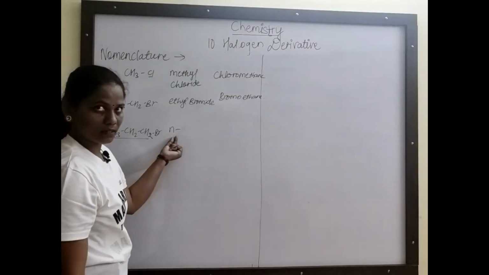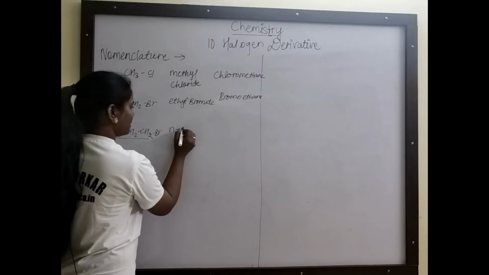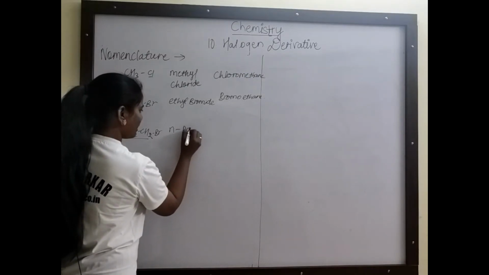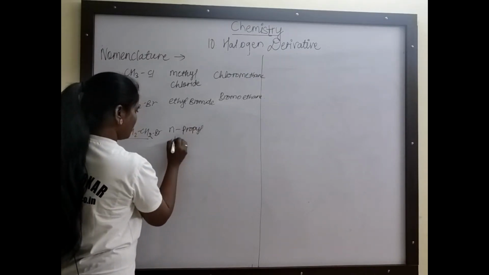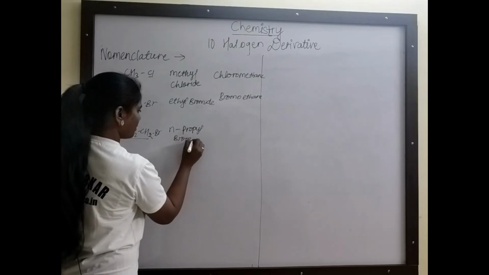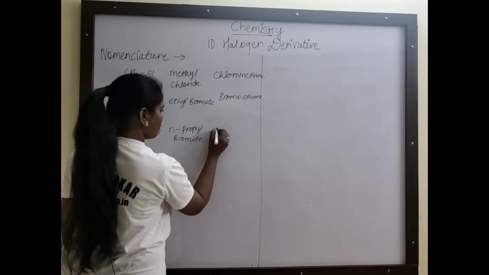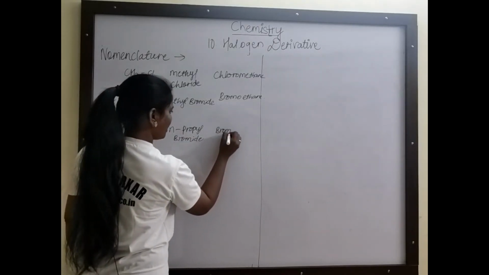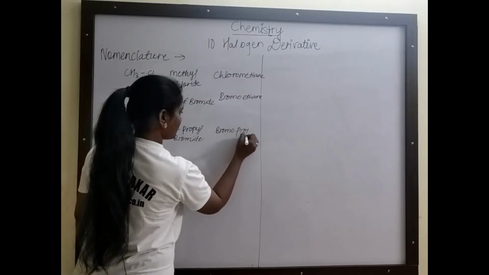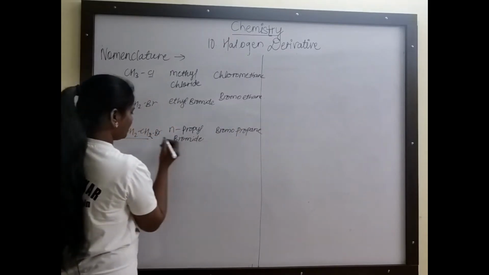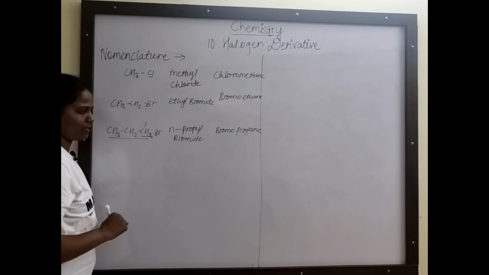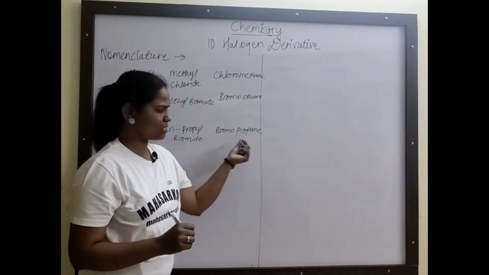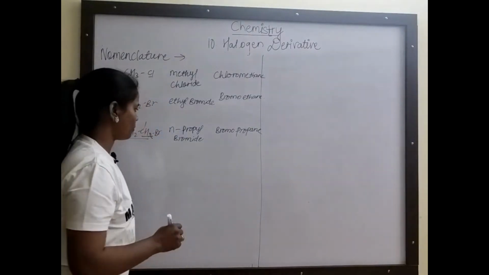That is n to show the straight chain of carbon atoms. n-propyl bromide. And the IUPAC name of this one is bromopropane. Now it is not necessary to mention that it is attached on the first carbon atom, 1-bromopropane. Instead of that, we can show only bromopropane.